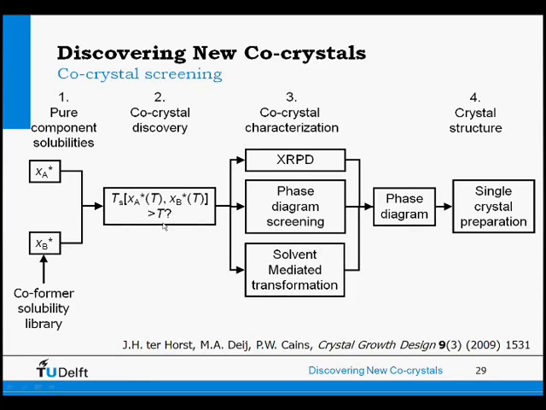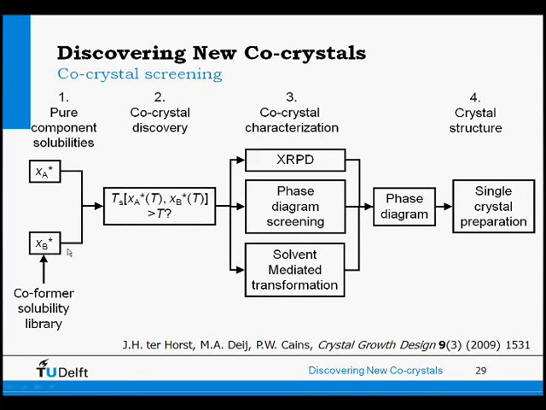And if that saturation temperature is higher than our reference temperature, then that is a good indication that we have co-crystals. But you can also do the co-crystal discovery just by crystallizing them and making a XRPD pattern, of course.